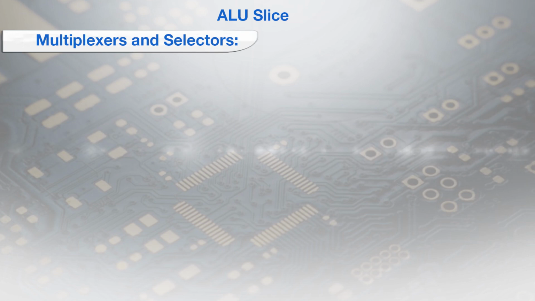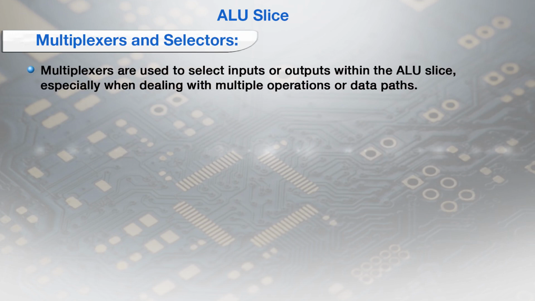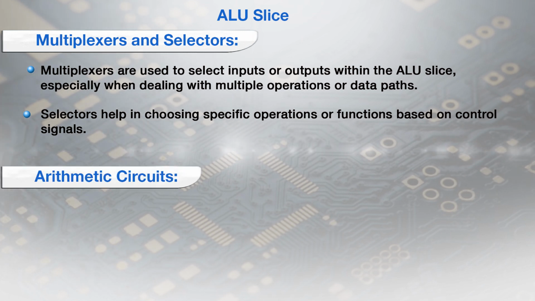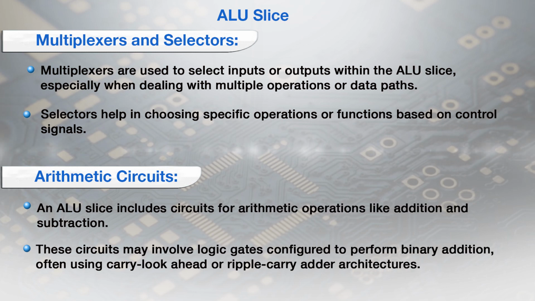Now the multiplexers and the selectors. Multiplexers are used to select input or output within the ALU slices, especially when dealing with multiple operations or data paths. Selectors help in choosing a specific operation or function based on the control unit. Arithmetic circuit: an ALU slice includes circuits for arithmetic operations like addition and subtraction.